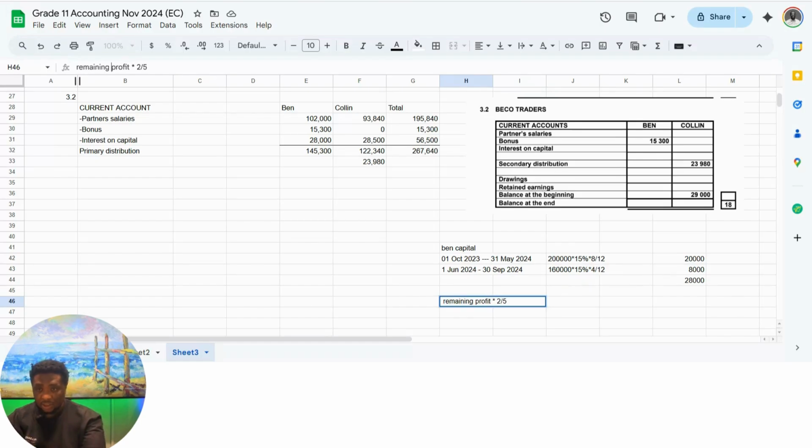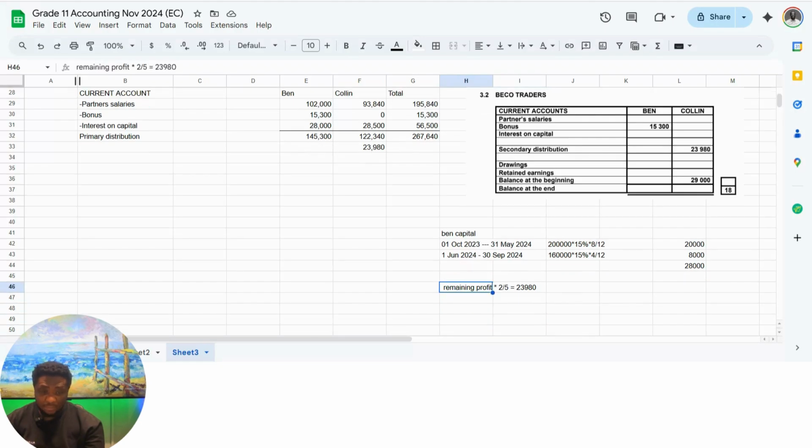So remaining profit multiplied by 2 over 5, and that remaining profit would then give us a share of this guy, which is 23,980. So with this, then you can work out what the remaining profit is, because to work out the remaining profit just means that we have to do a simple maths thing, right? Because we multiply them by 2 over 5, we can basically multiply both sides by 5 over 2. Now, if you multiply by 5 over 2 on one side, you're just going to be left with remaining profit.